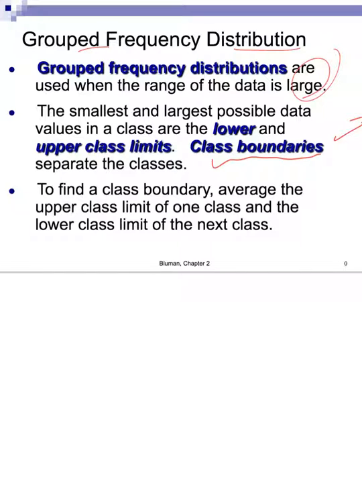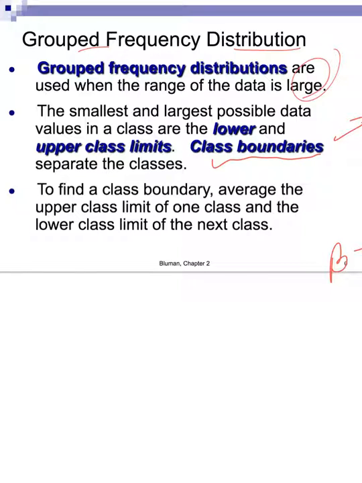So for example, if we had 11 to 12, let's say that was our class, the boundaries would be 10.5, again going out one more decimal place than what's given, to 12.5. So the boundaries are going to be a little bit before and a little bit after.